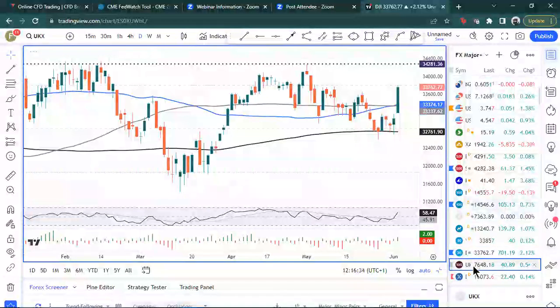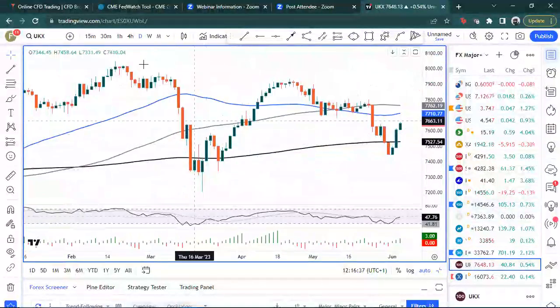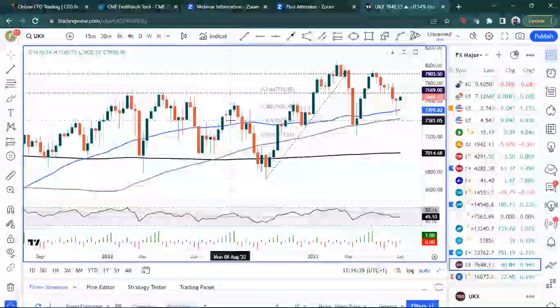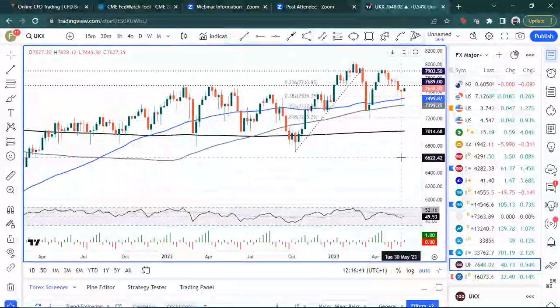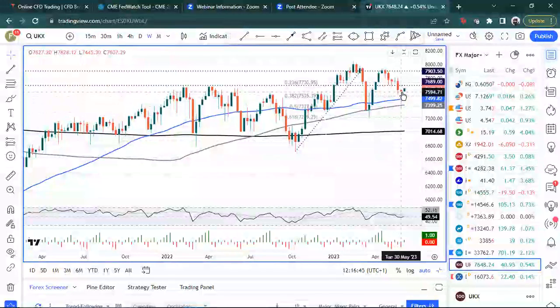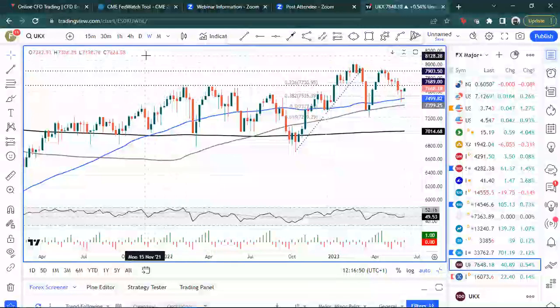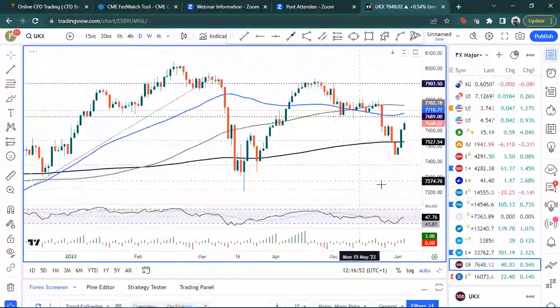Just want to point out probably the UK FTSE as well. Interesting move last week. You can see we dipped below the 50-week moving average, but then closed quite nicely, a bit lower from the previous week, but at least very close to the highs. And then we've had this move up today.